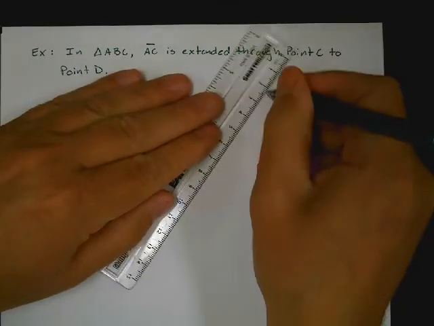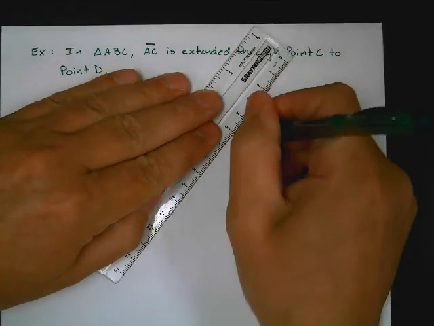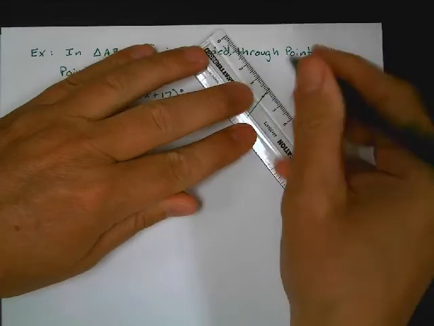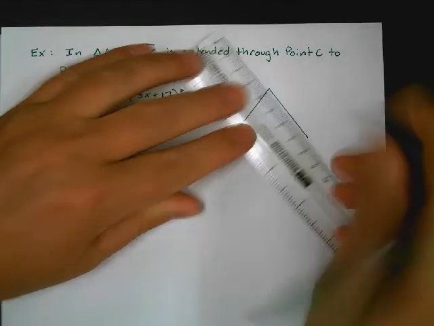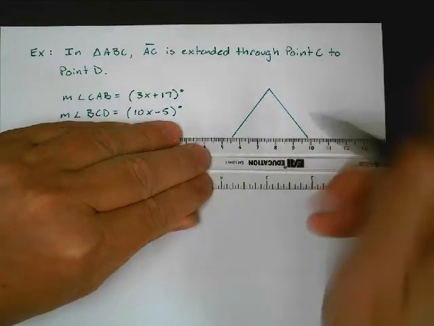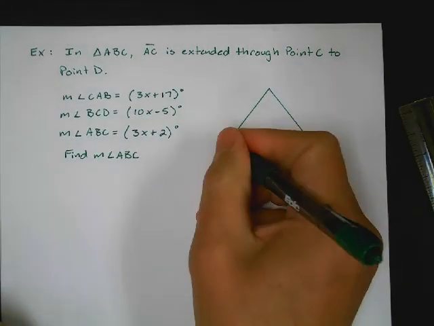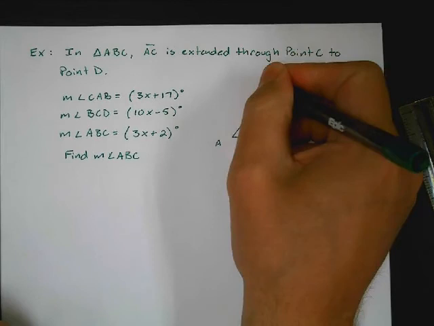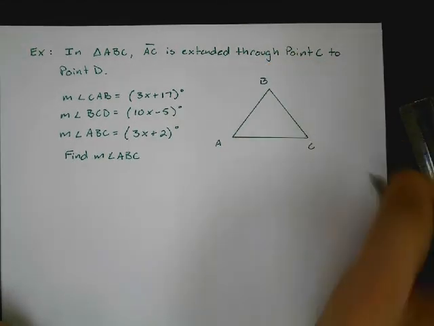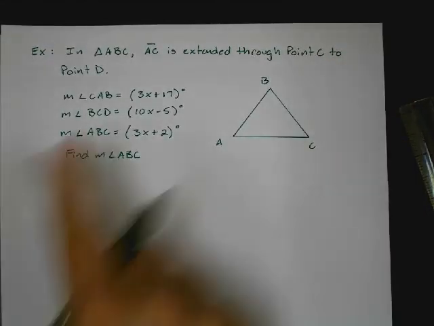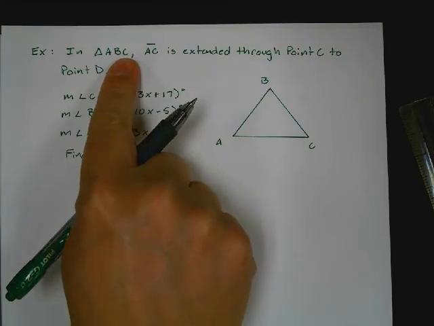It doesn't matter what size you make it. Here's my triangle. Okay, they told me that this one was named ABC. So I'm going to call this one A, this one B, and this one C because they said it was ABC. There you go.